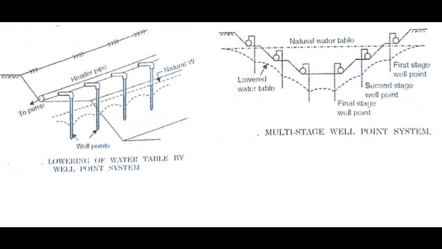In the multi-stage well point, it is not done at the same time, but we have various points according to the depth of water. From the topmost well points, the water is first taken out. If there is water at deeper levels, then the well point is shifted towards the depth according to the lowered water table, and the water is again collected. That is how this is done.